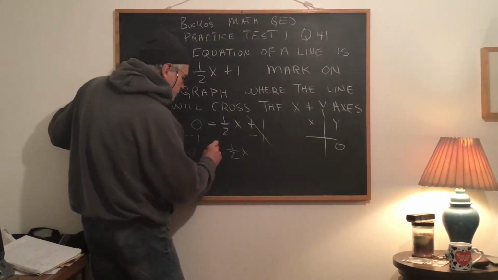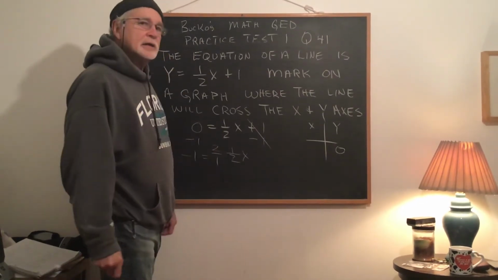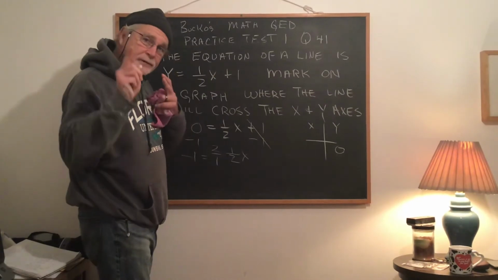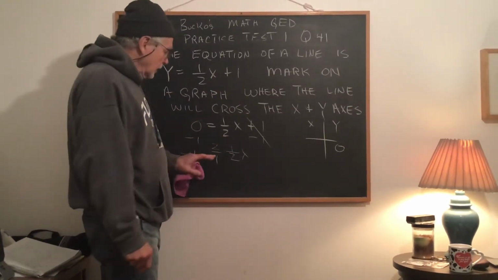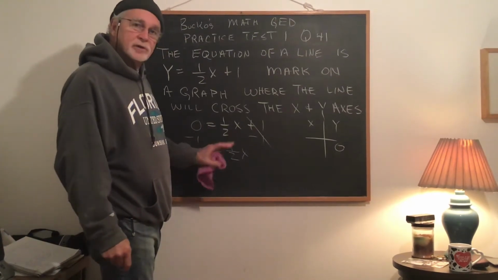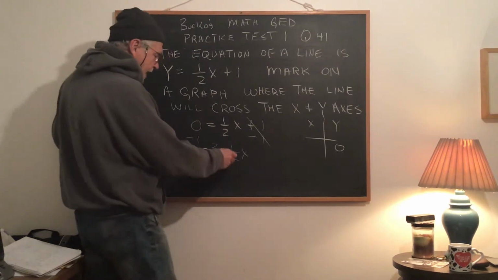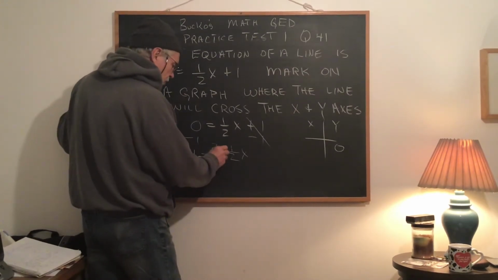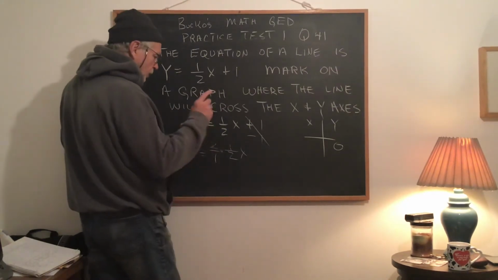The reciprocal is 2/1. And if you multiply any number by its reciprocal, you get 1. It's cool, because 2 times 1 is 2, and 1 times 2 is 2, and 2 divided by 2 is 1 whole. So these guys collapse to 1. When you multiply any number by its reciprocal, or its flip, you get 1.